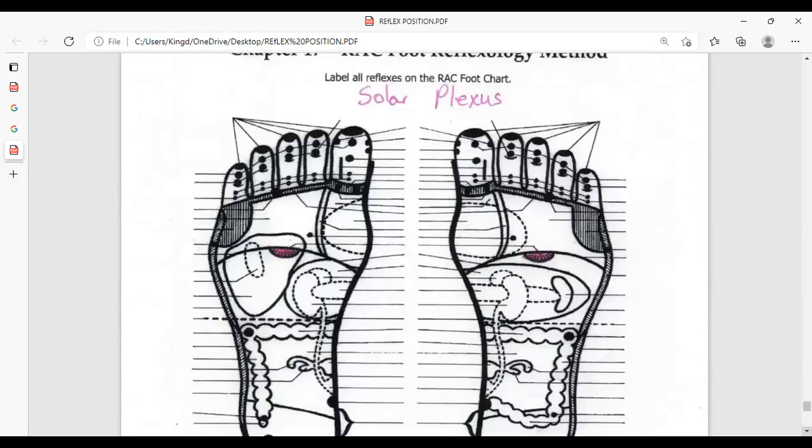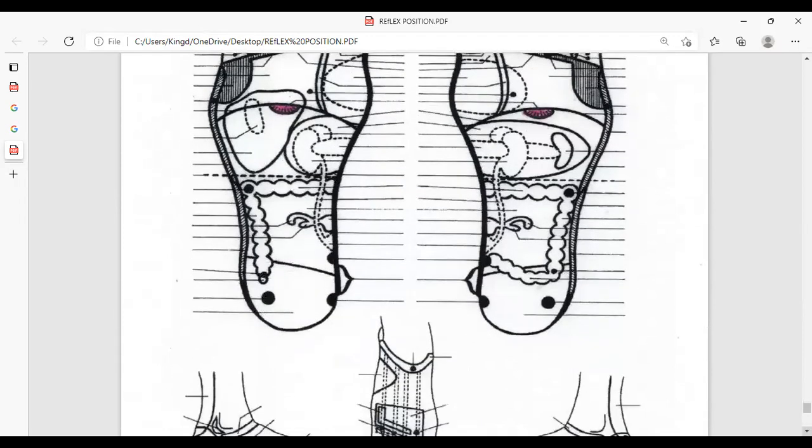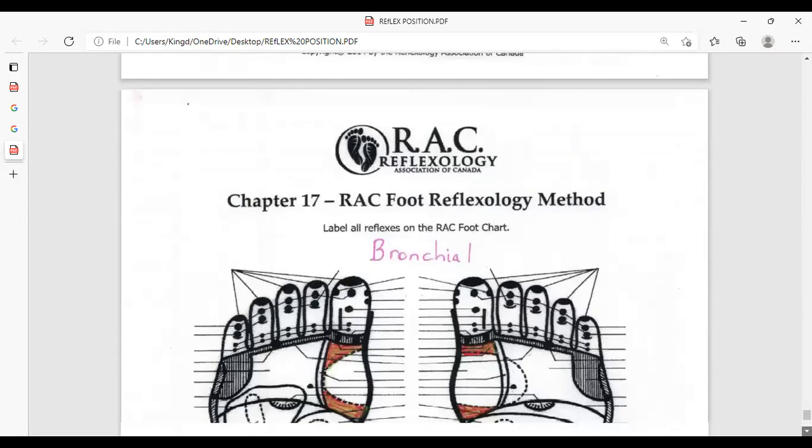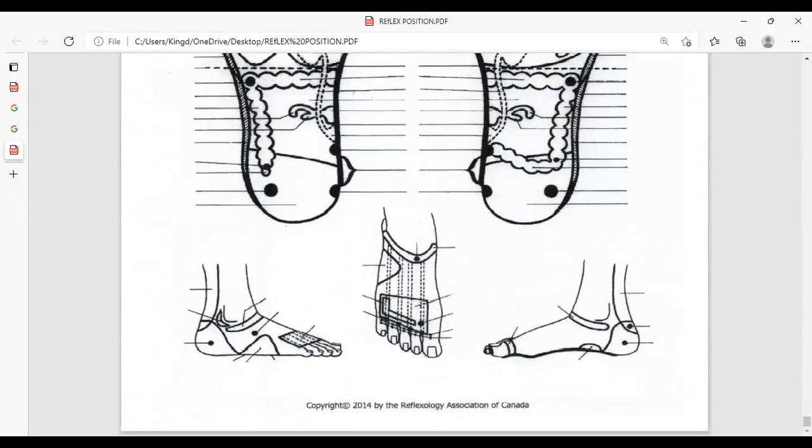Solar plexus, remember always to close off with the solar plexus, breathe in, breathe out to make sure the person is relaxed, the bronchi. So we'd have gone over some of these already. All right, so those are key areas to pay close attention to.